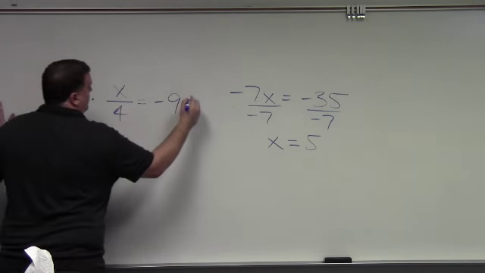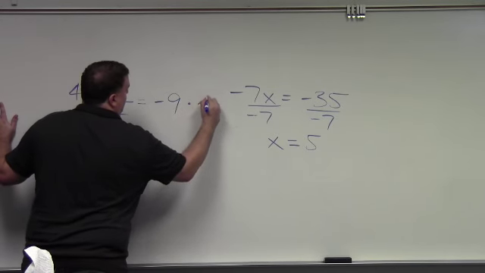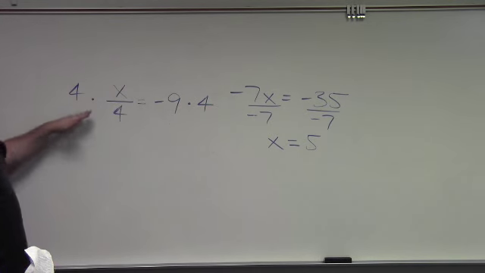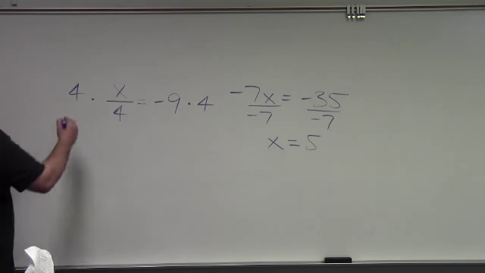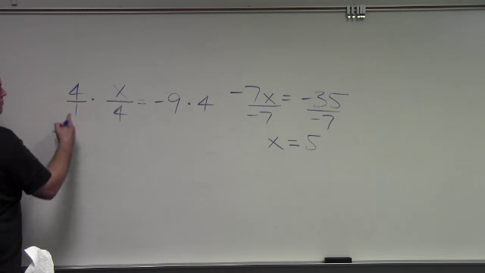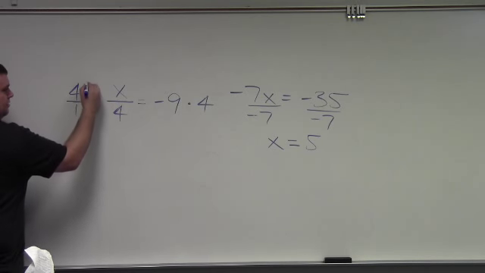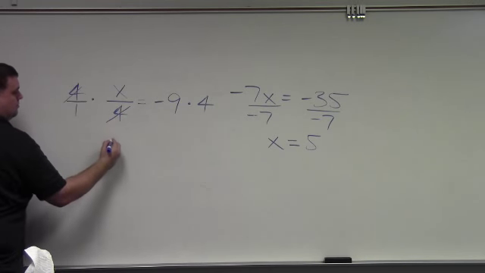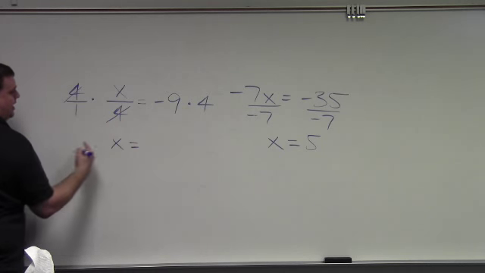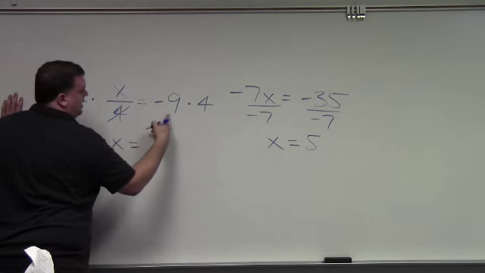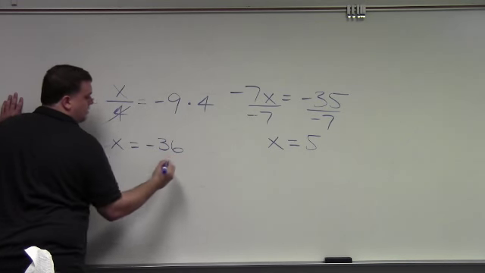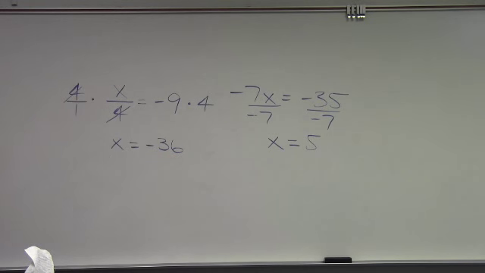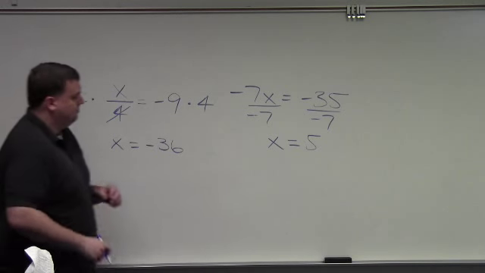So we just multiply both sides by 4. What's going to happen with these 4s here? They cancel. Think of it as 4 over 1. The 4s would cancel, leaving us with just x. And then what's negative 9 times 4? Negative 36. So that's how we deal with multiplication and division.